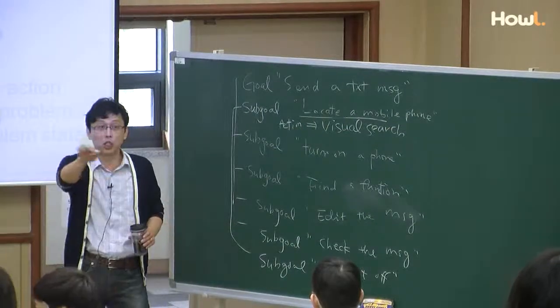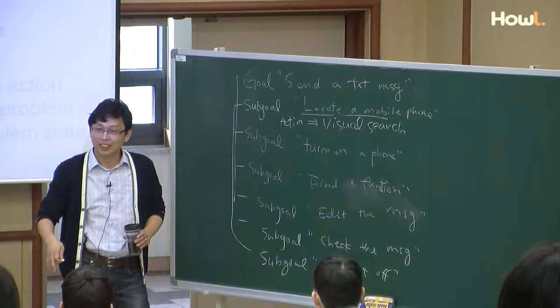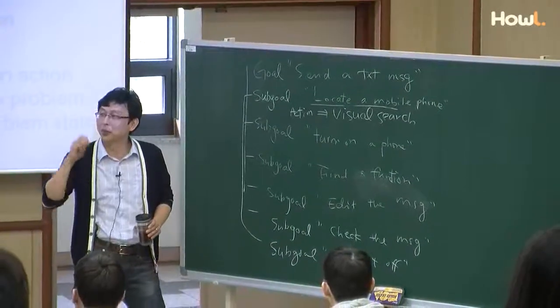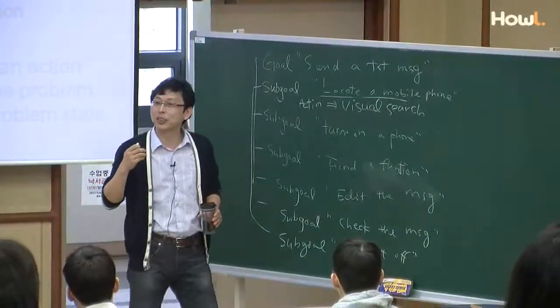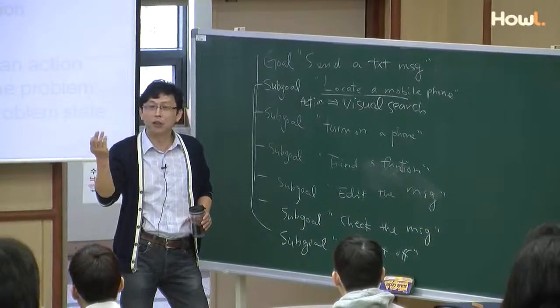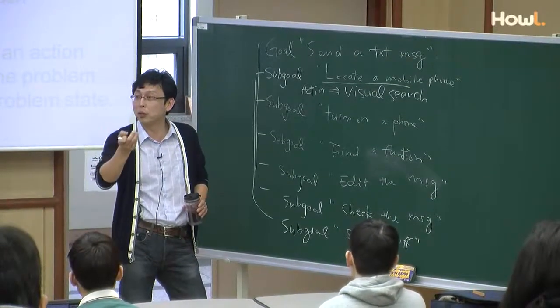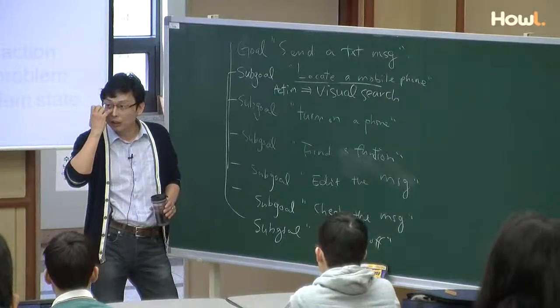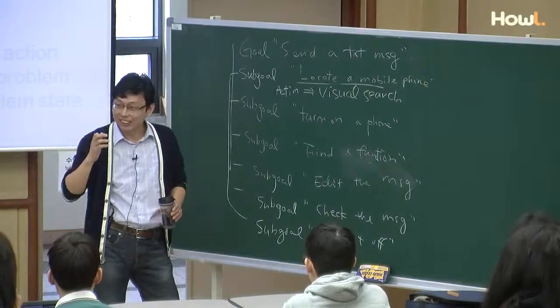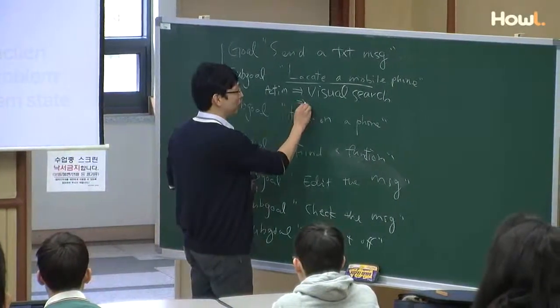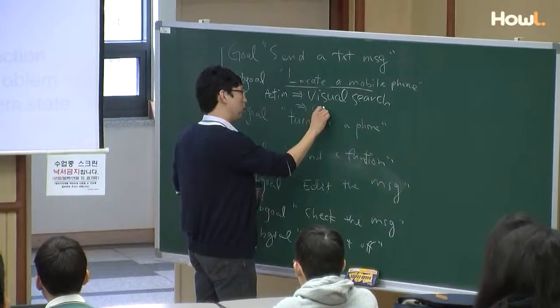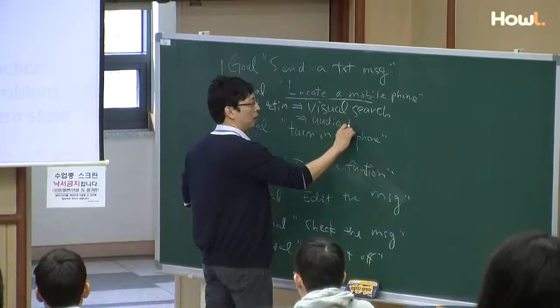You have to visually search for it. Or you can use another phone to call it. If you can't find your mobile phone at home, you can use your mom's mobile phone to call it and hear it, right? So we can use audio search or an audio hint.